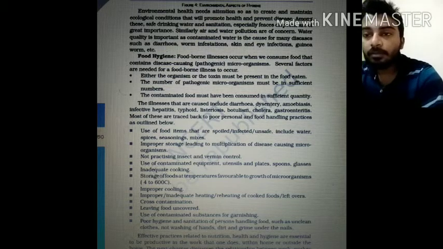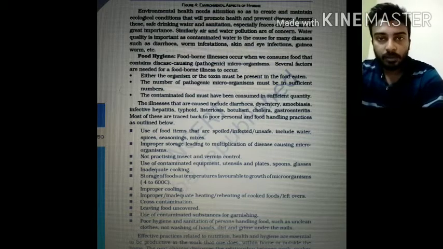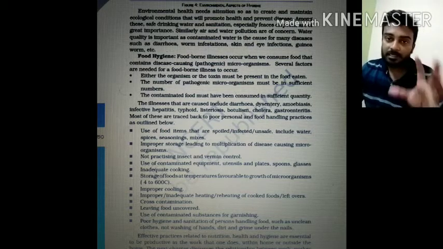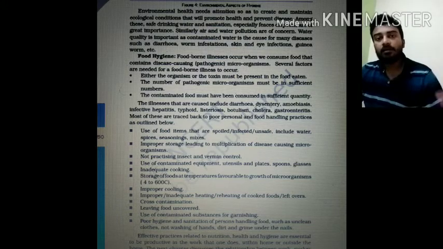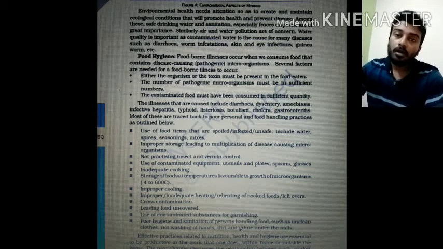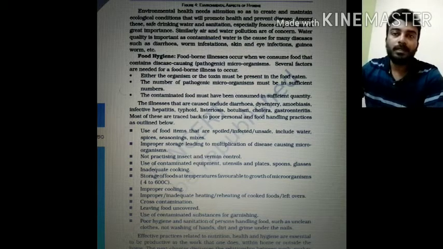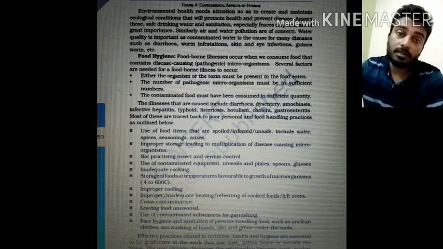Number three is the contaminated food must have been consumed in sufficient quantity. The food that is contaminated, you have to eat sufficiently in order to consume lots of these pathogenic microorganisms so that they can cause the disease.